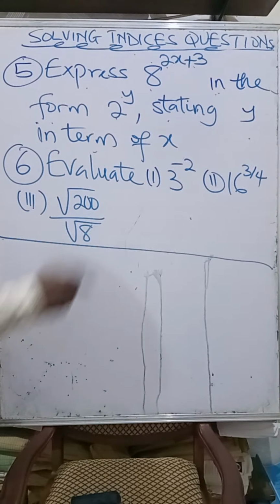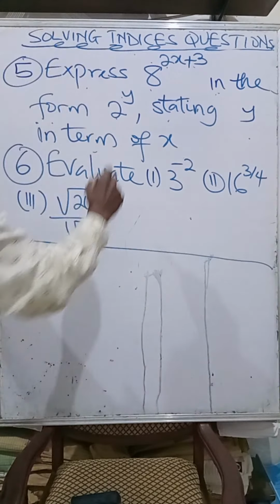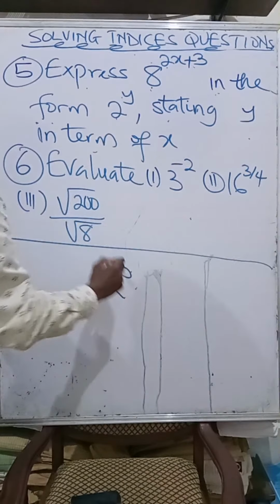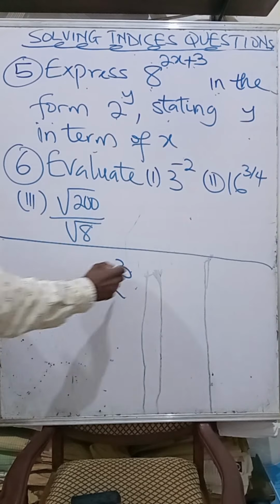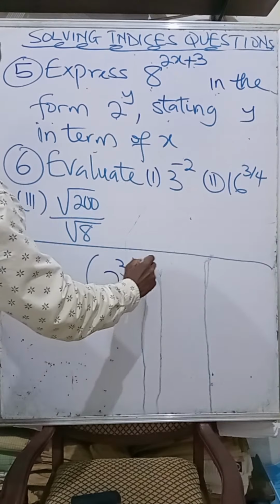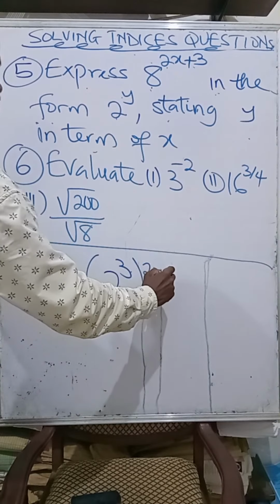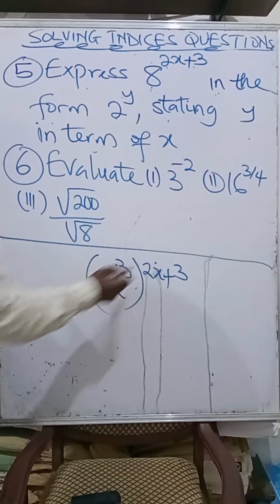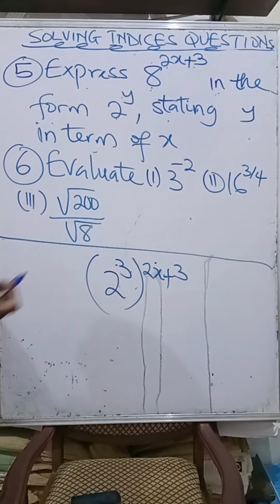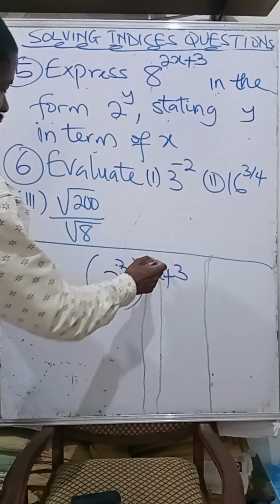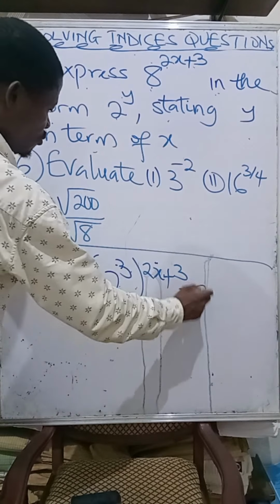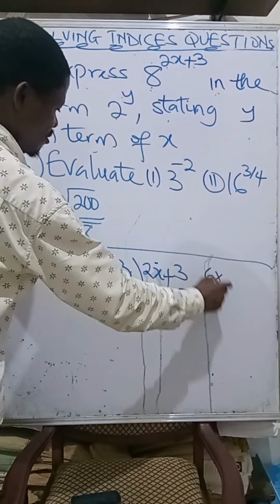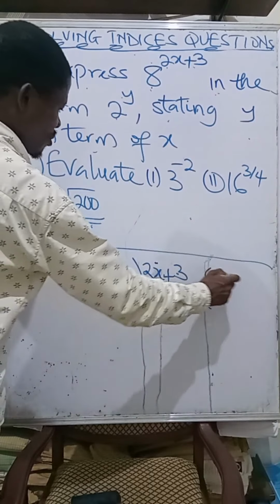In solving this question 5, we're going to express 8 as the same as 2 to power 3, and then times 2x plus 3. So this is your inner power, this is your outside power. So expand it, this one times this one. That will be equal to 2, 3 times 2x, that's a 6x, 3 times 3, that's a plus what?